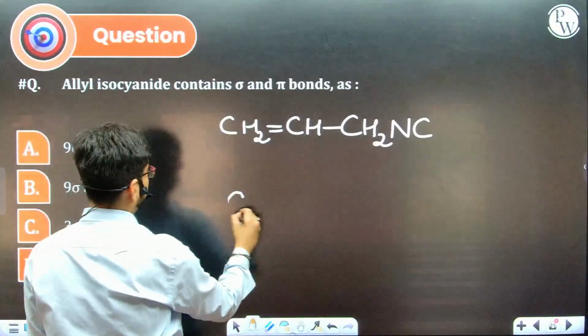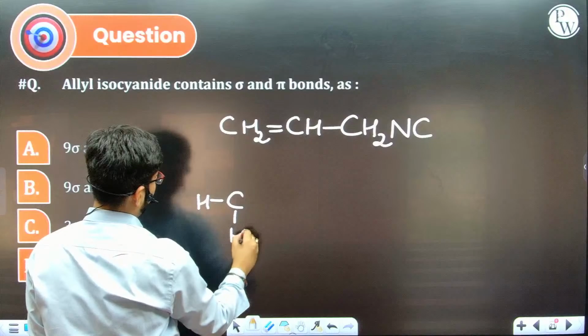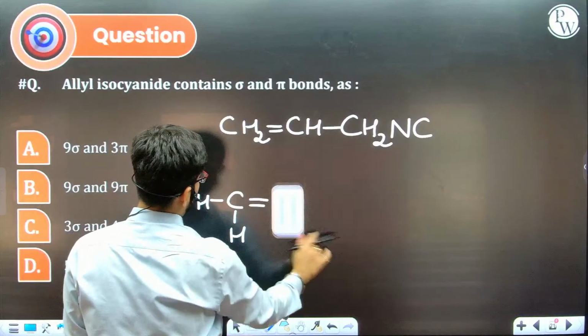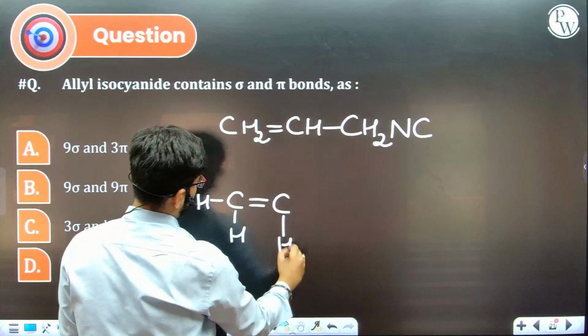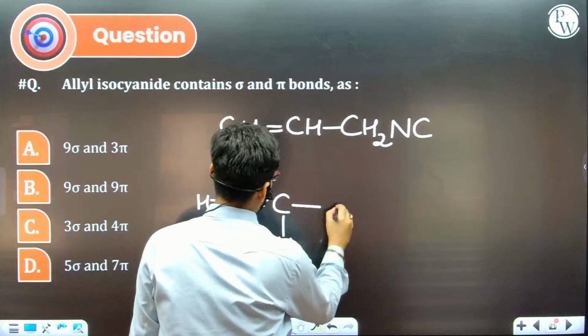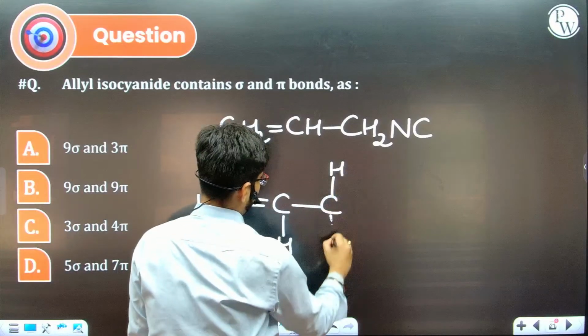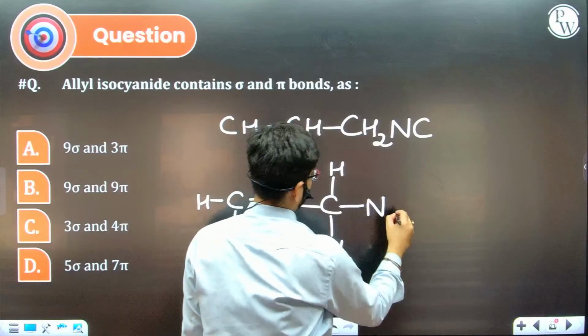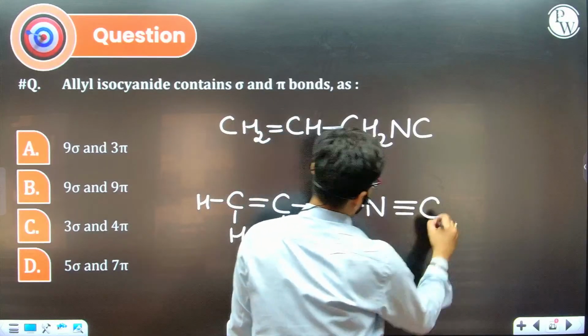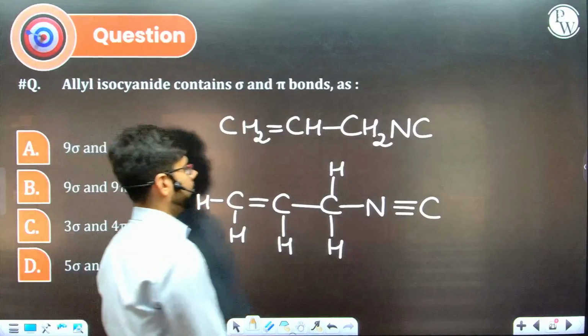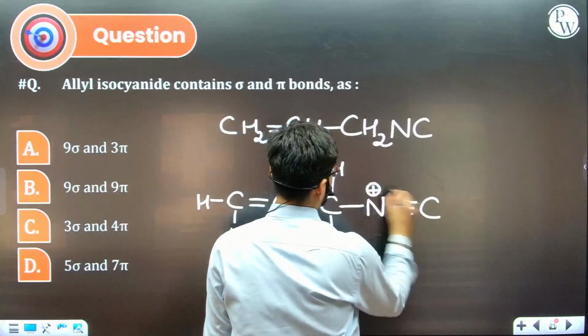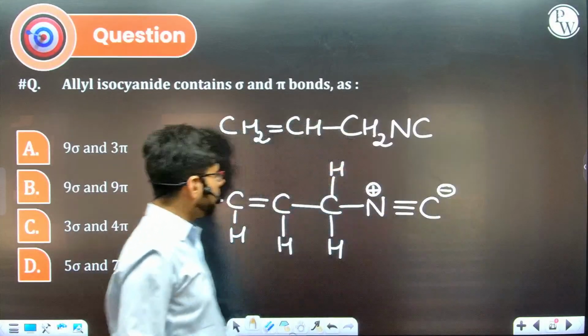Now, sigma and pi bonds need to be counted. So, let's start counting. CH2, CH. This is the structure, right? Let's count the number of sigma bonds.